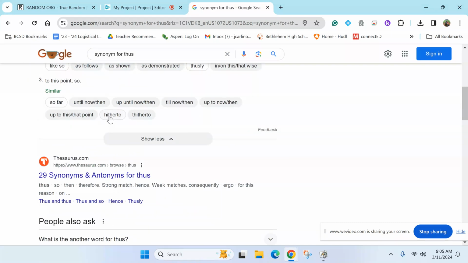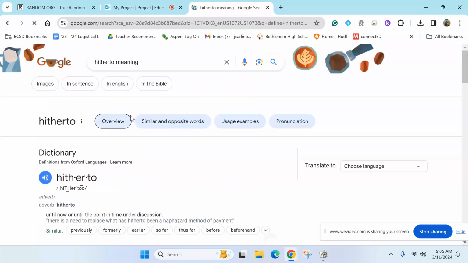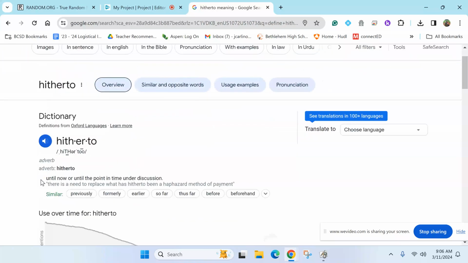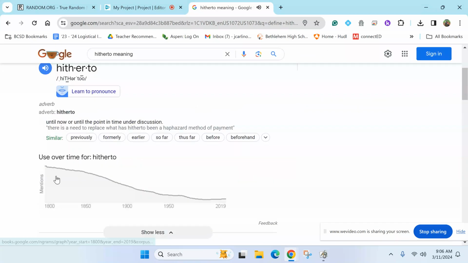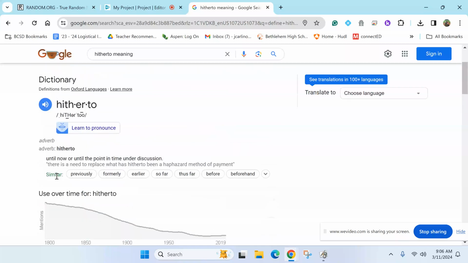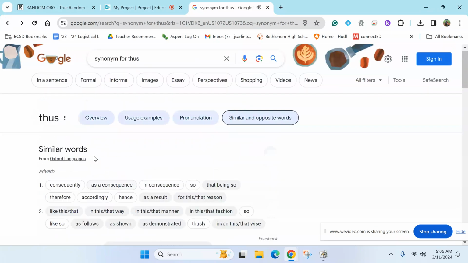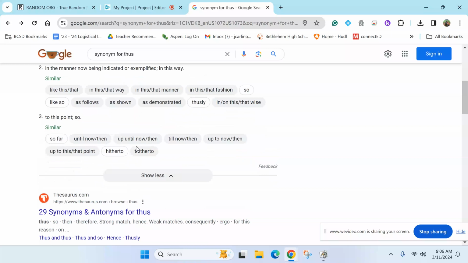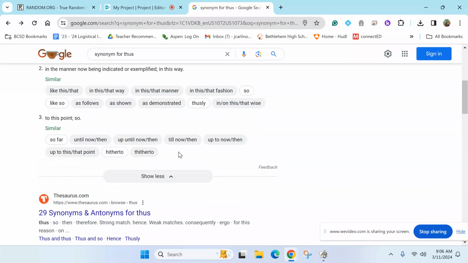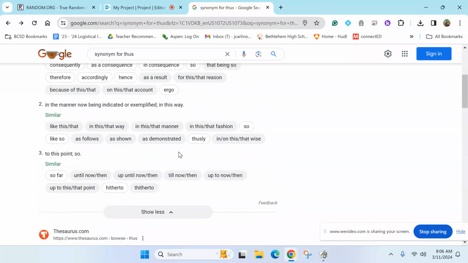Not even sure how to pronounce that. Anybody? Hitherto. Hitherto? Wow. There you go. Even older has a T in front of it. Whew. Hitherto. There you go. What? Whoa. That's the older version of that. Wow. Okay. To this point, as follows, as thusly.